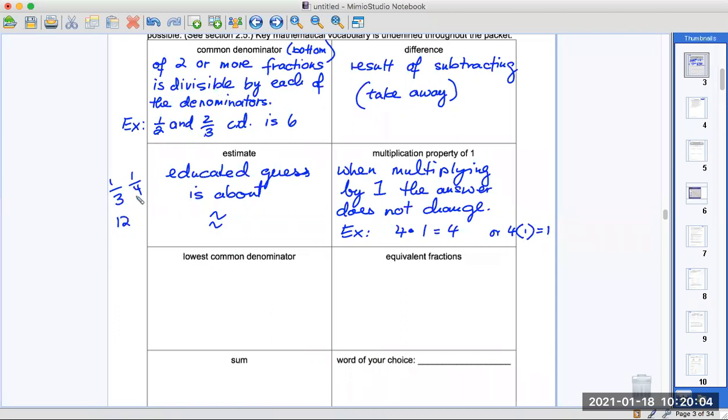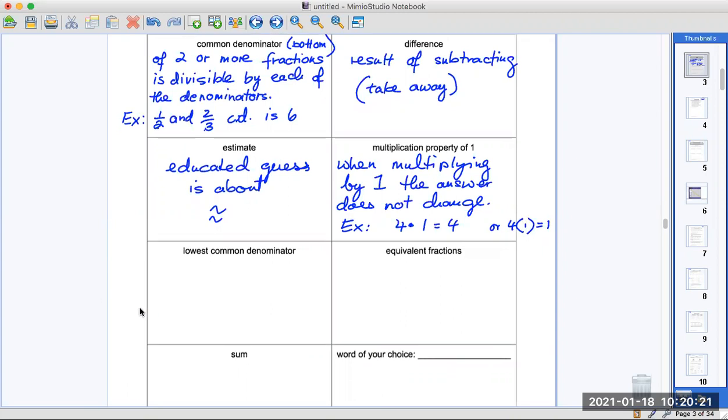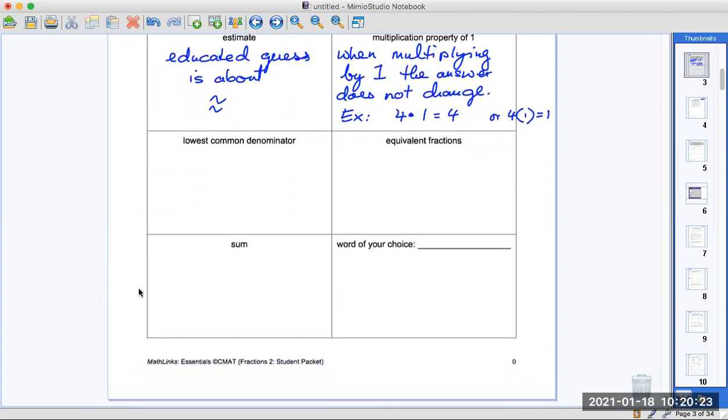If you don't find that lowest number, if you just find a common denominator, you're going to create yourself a little more work because you'll have to reduce your fraction in the end, but it's still going to be correct. It's not wrong. Okay. All right, so let's see what we have. Lowest common denominator.